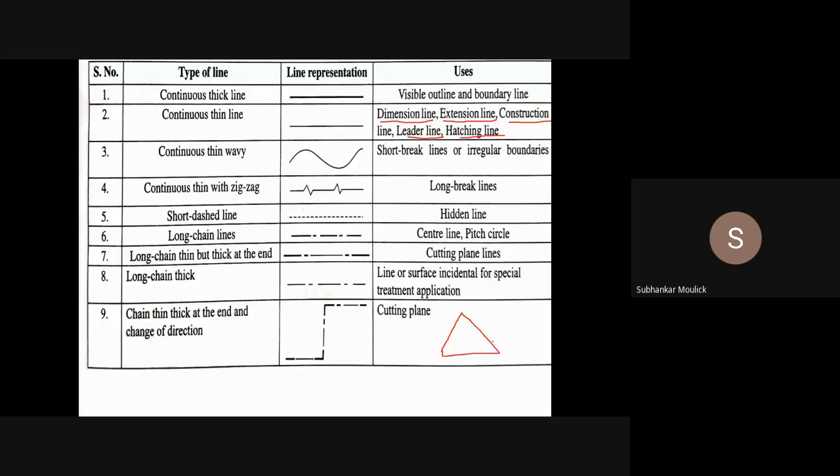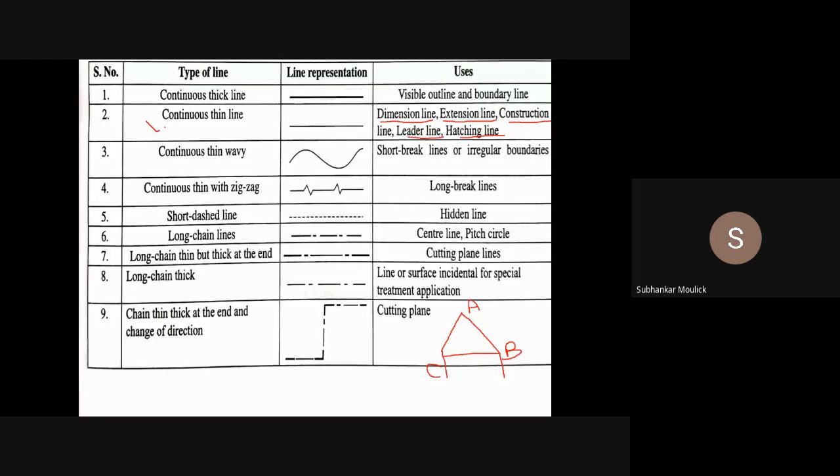For example, I have drawn this triangle. Assume that this is side A, this is B, this is C. Now BC is having some length, say the length is 10 mm. How will you show that length? From C, you have to draw an extension line like this, vertically downward. From B, you have to draw an extension line like this. These two lines are called extension lines.